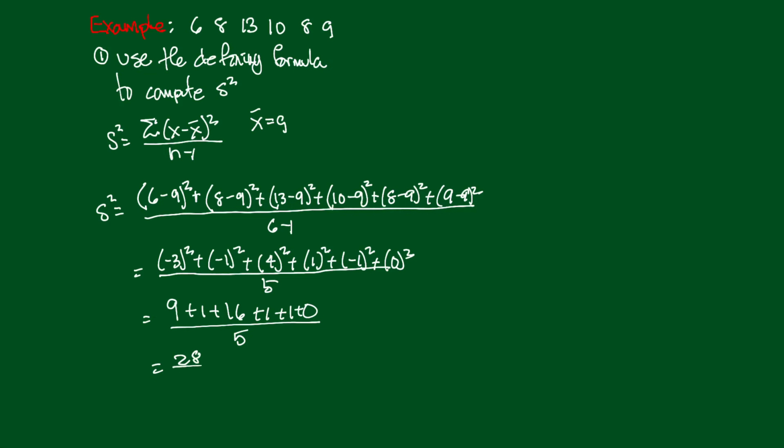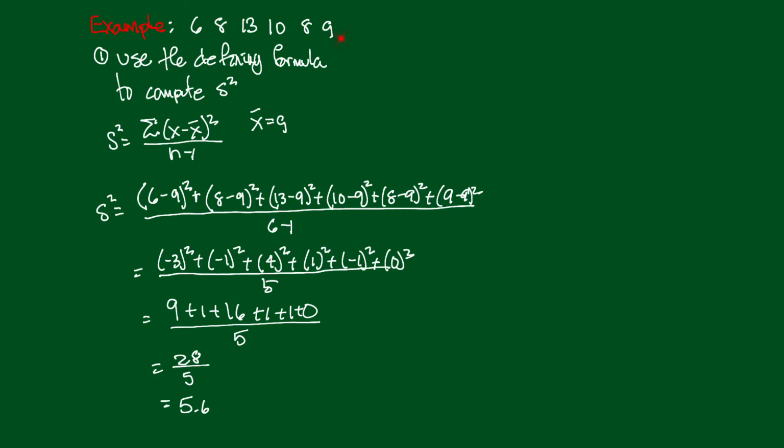You remember that 28 over 5. And this gives us, all right, now 5.6. Now, I don't need to round because it comes out to 5.6. Now, remember, the original data is given to the ones place, right? The accuracy is to the ones place. I don't have any decimals out here.